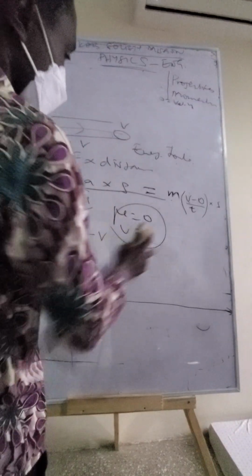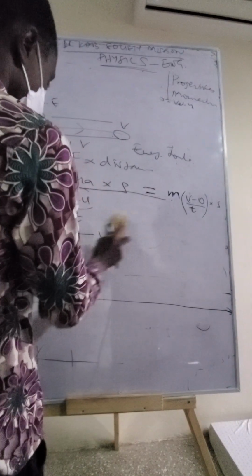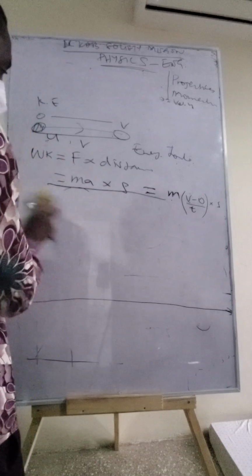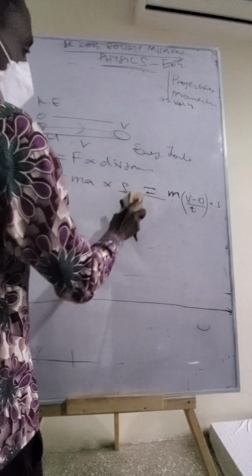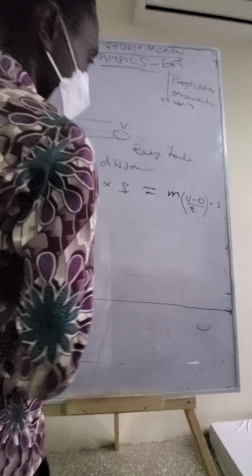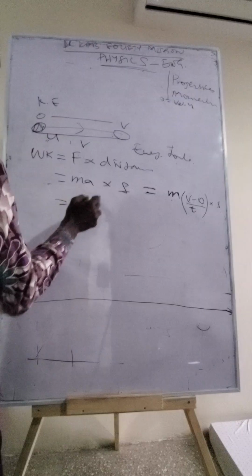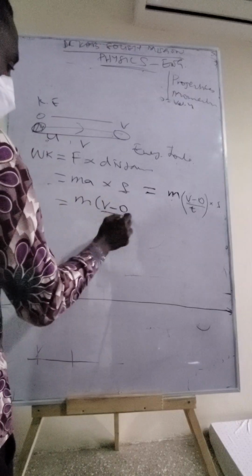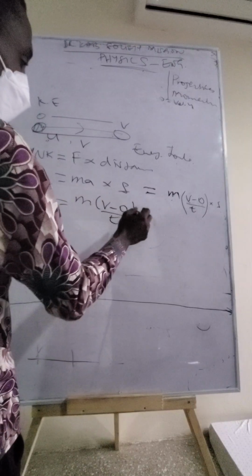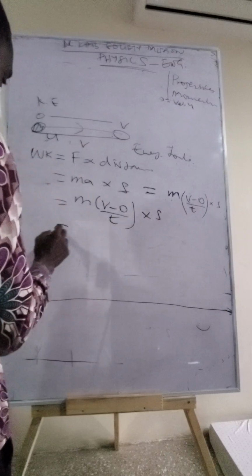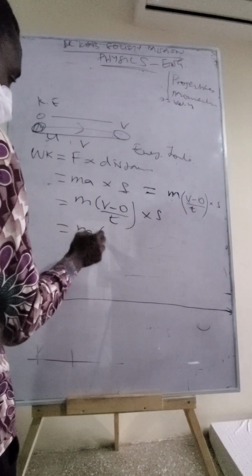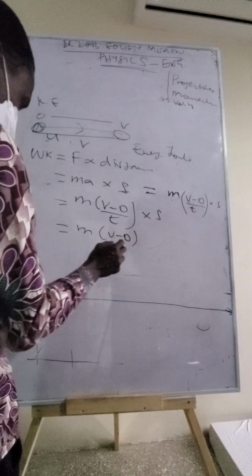So this is s. We have m times v minus 0, over t, times s. Now s, how do you define s? S is the distance. M v minus 0.